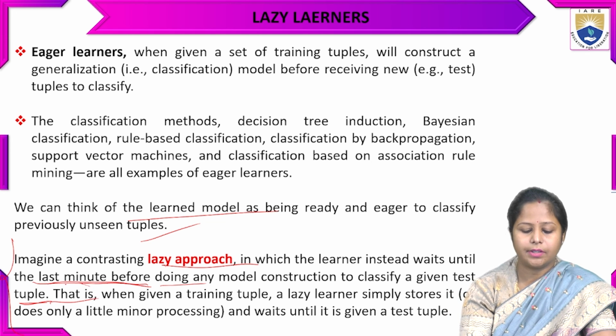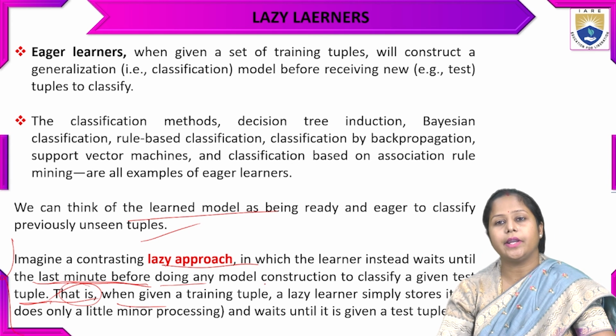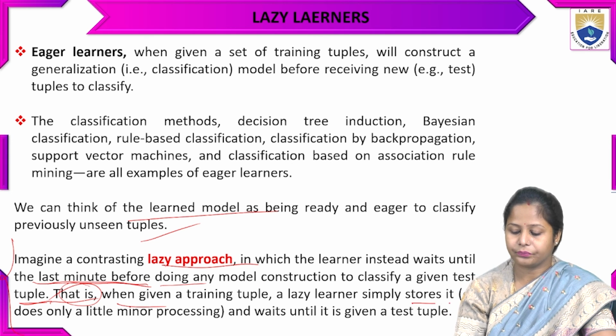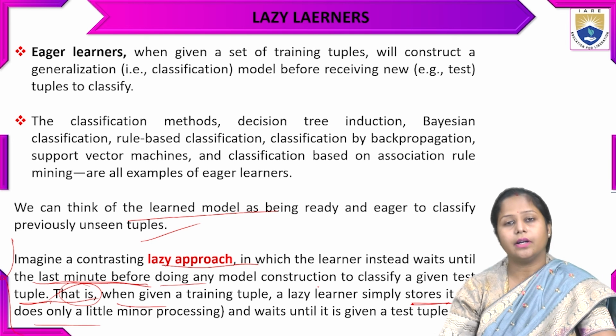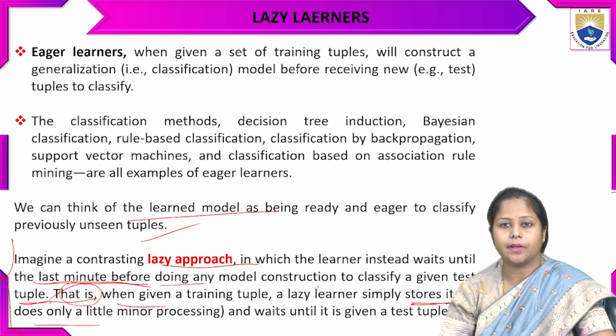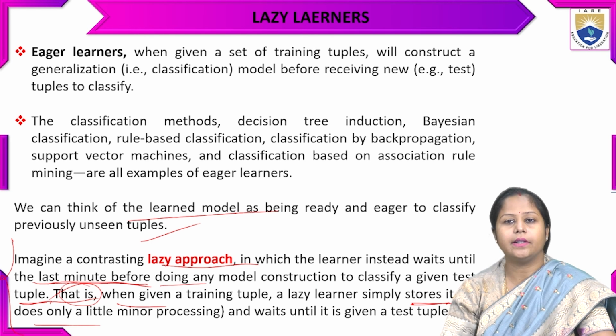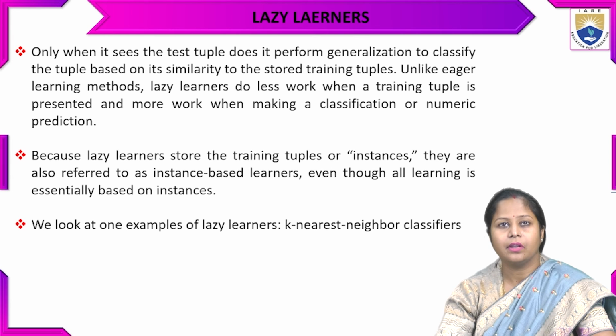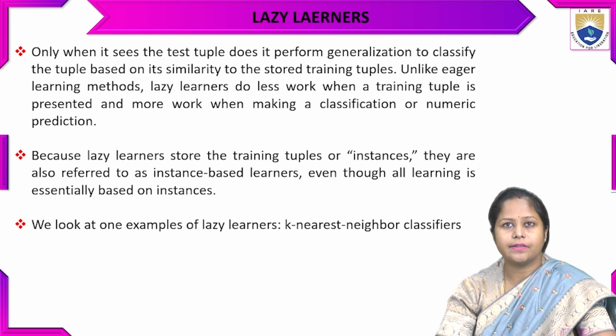That is, when given a training tuple, a lazy learner stores it, or does only a little minor processing, and waits until it is given a test tuple. So that is the lazy learner approach. Only when it sees the test tuple does it perform generalization to classify the tuple based on its similarity to the stored training tuples.